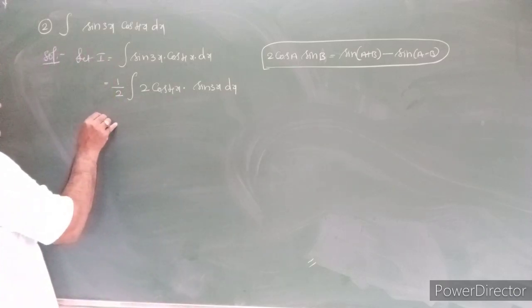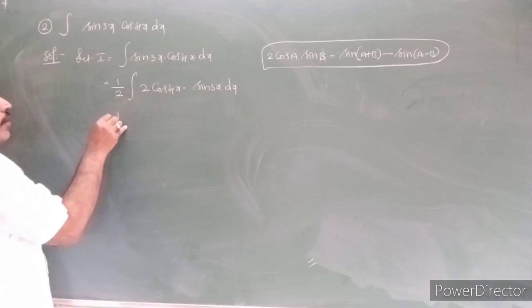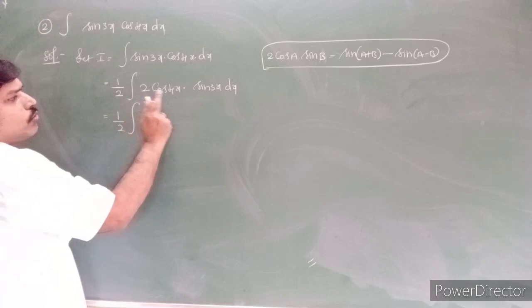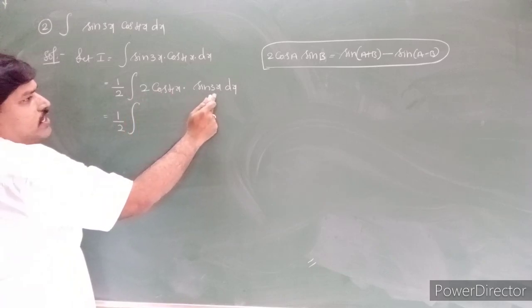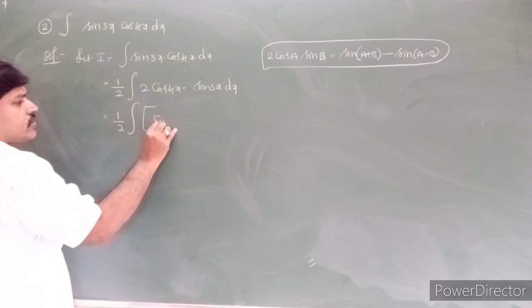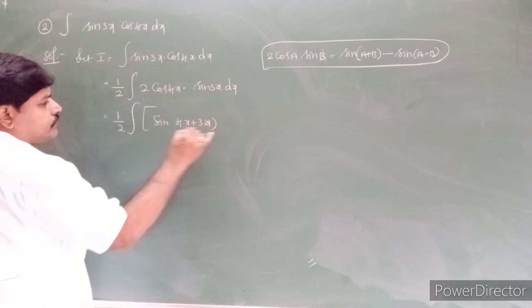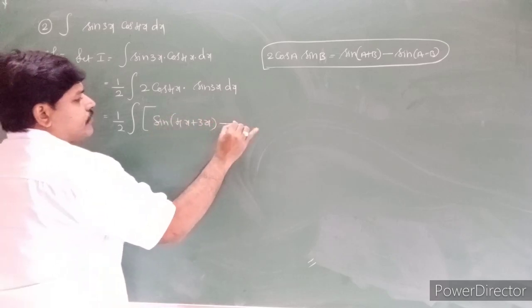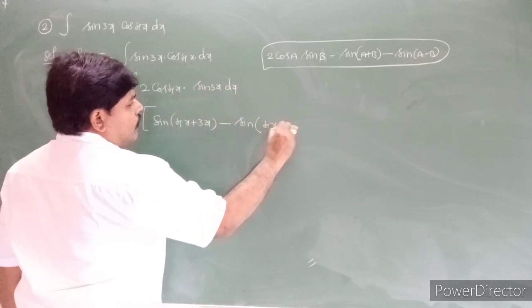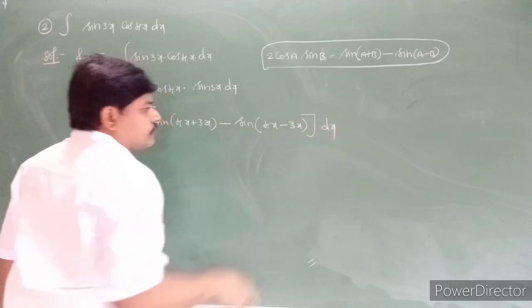That's why I multiplied with 2 here. Do you understand that? So 1 by 2 into integral of, it is in the form of 2 cos A sin B. So what is the formula? Sin of A plus B, that is nothing but sin of 4x plus 3x minus sin of 4x minus 3x into dx.